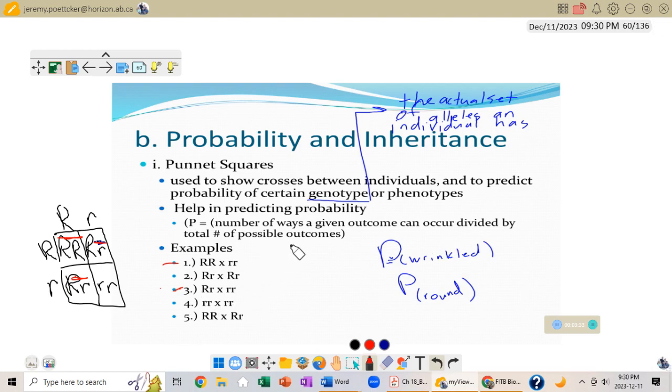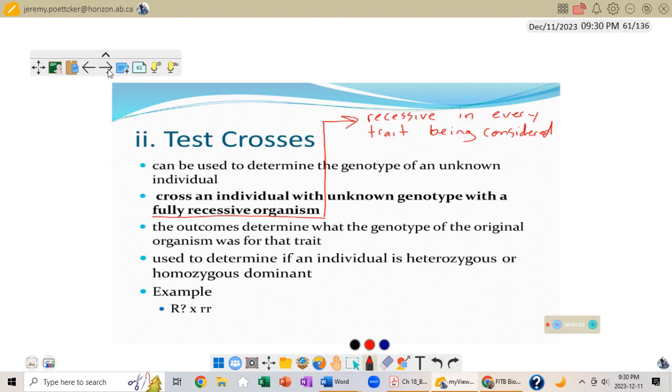So if I were to look at number 1, big R, crossed with little r, no matter which column we're in, we're going to get a big R. And by crossing anything with a little r and a little r, so this fully recessive individual, we end up with what we call a test cross.